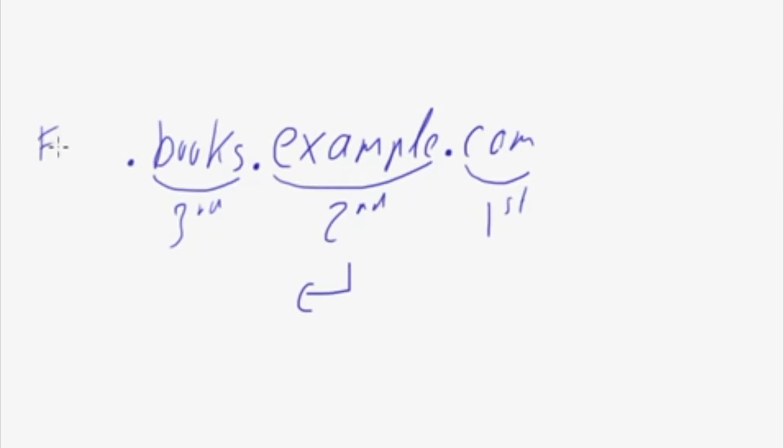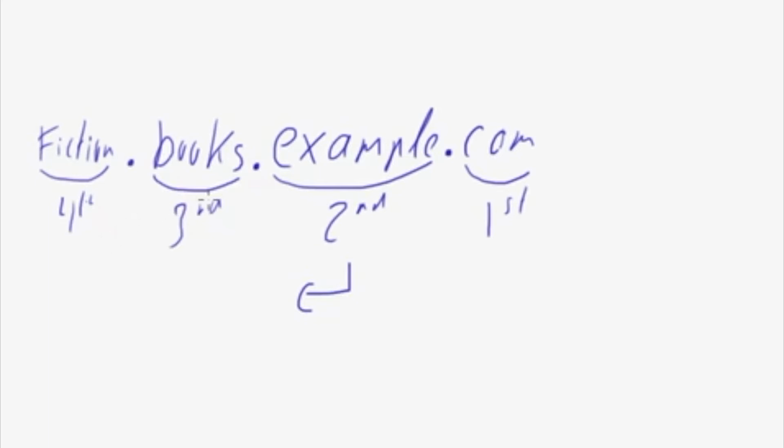Like, I don't know, fiction. That would be a fourth level domain. Now, most websites go down to third level because with the fourth level it gets ridiculously complex, and the URL would be way too long.